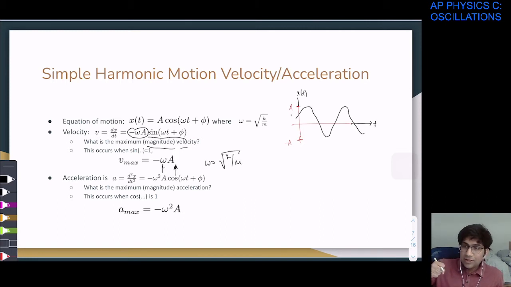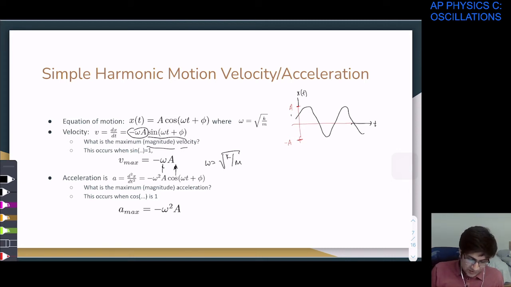So we can pick a spring with a really big spring constant, which makes sense, because if you pull a really big spring constant, it's going to ricochet back really fast. Or you can choose a mass that's very tiny. Imagine attaching a truck to a spring compared to a tiny little paper clip. One of them is obviously going to travel a lot quicker. So that's what sets our velocity.